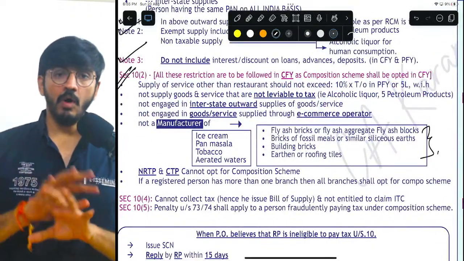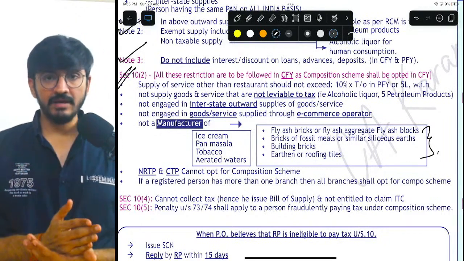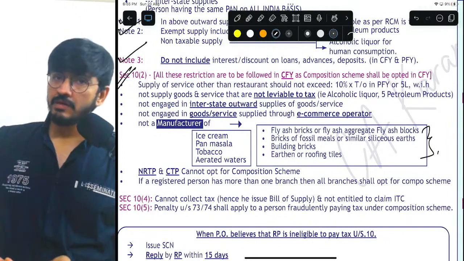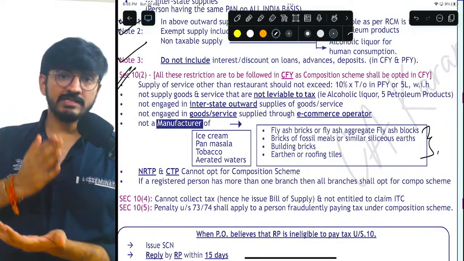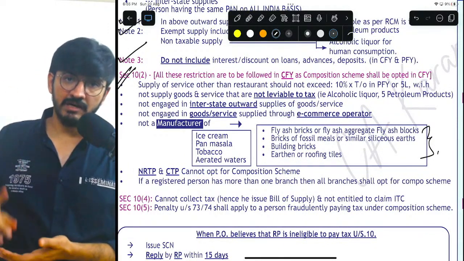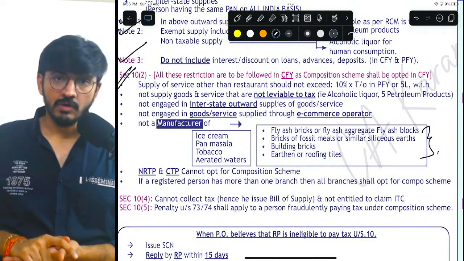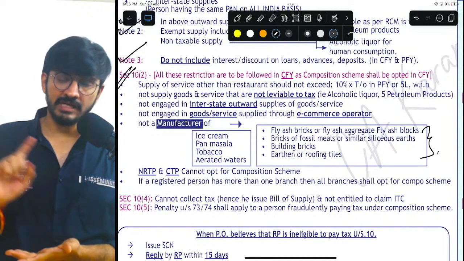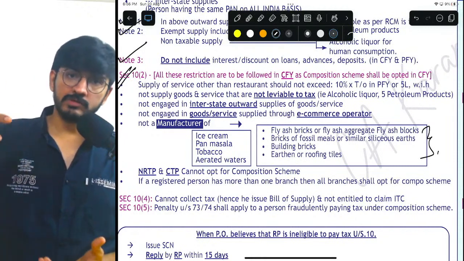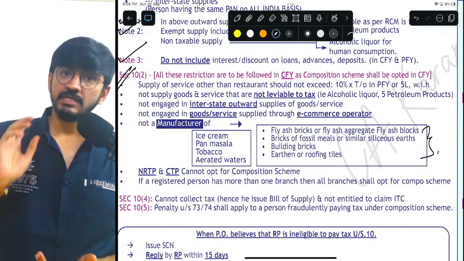If you are a manufacturer of that, then simple, end of discussion, you are out of the composition scheme. So let's say I was manufacturing garments, but at the same time I started manufacturing, let's say, roofing tiles, fly ash bricks, or cold drinks or ice creams, and I started selling that. Composition scheme done, normal scheme starts.